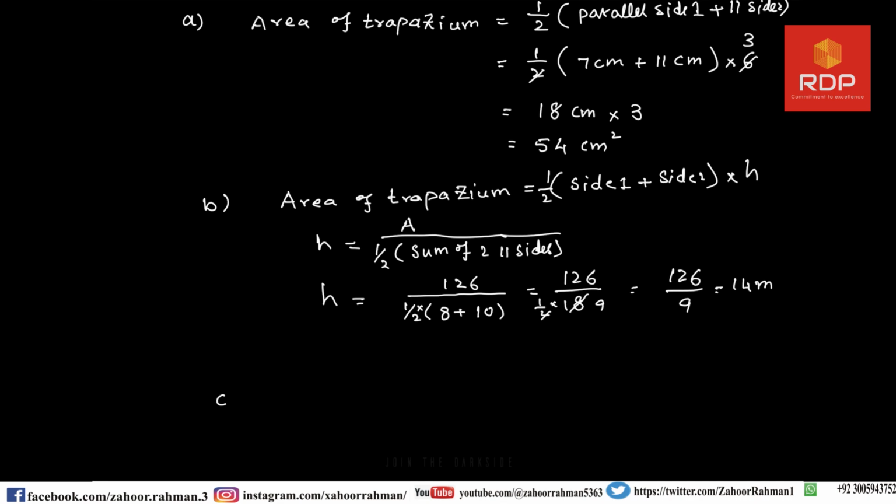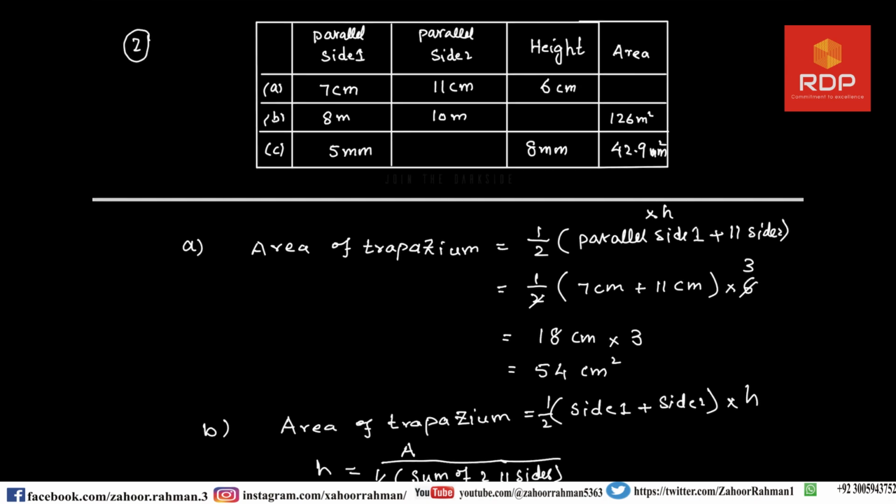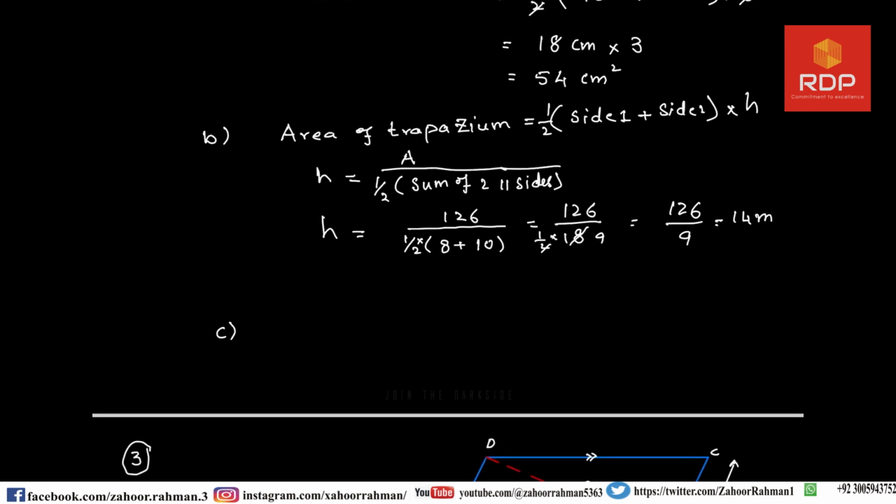Now let's turn our focus to part number C, in which you can see parallel side 1, height and area are given. So let us first write the formula: area is equal to 1 over 2 parallel side 1 plus parallel side 2 into height.